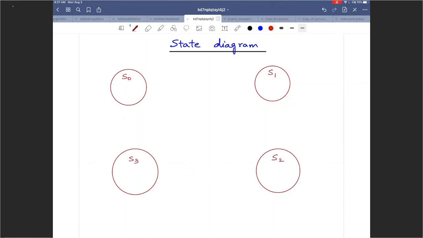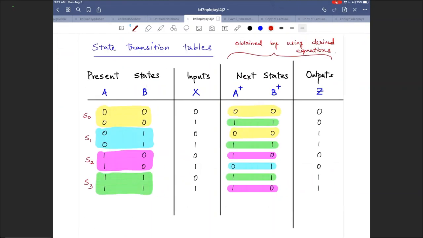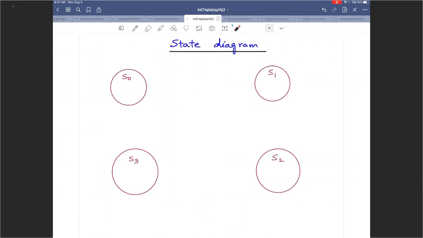What is the output in those states? Well, S0, Z is 0. S1 output is 1. S2 output is 0. S3 output is 1, right? So 0, 1, 0, 1 in that order. Output 0, 1, 0, 1. Those are your 4 outputs.